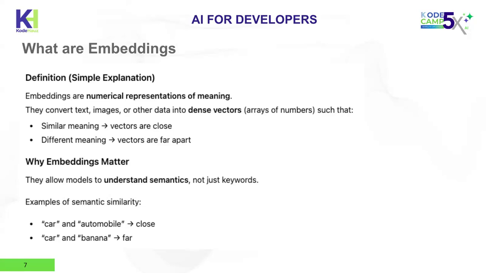When you calculate that similarity, you find that embeddings that have similar meanings will have vectors that are close together. But words, concepts or images that have different meanings will have vectors that are far apart and point in different directions. This is what embeddings are, and I'm going into the mathematical basis of it just to make it more interesting.